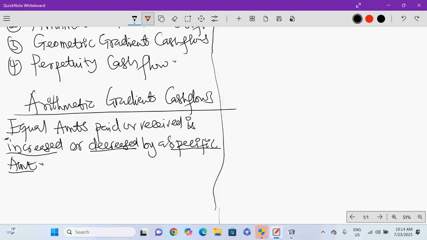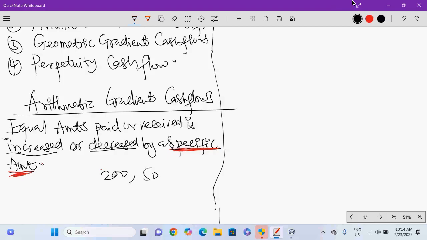The keyword is specific amount, right? So you are having an equal payment or equal cash flow, and this increased by a specific amount. What do we mean by a specific amount? Let's say 200 cedis is a specific amount.